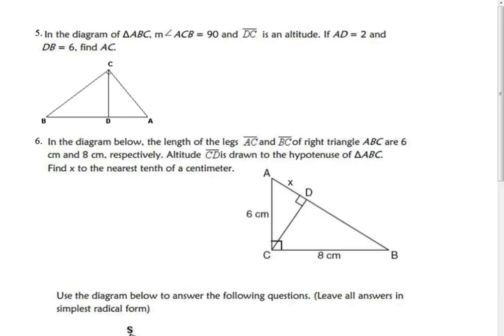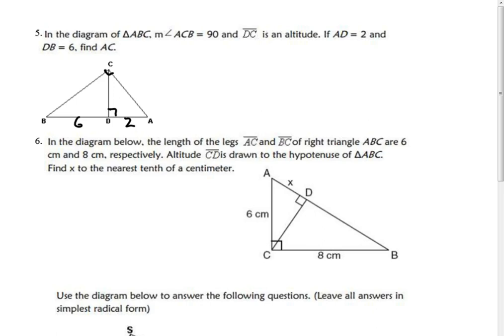In the diagram of triangle ABC, angle ACB is 90 and DC is an altitude. If AD is 2 and DB is 6, find AC. You have to recognize that this is a right triangle with an altitude drawn, so this is a Hills and SAS setup question.